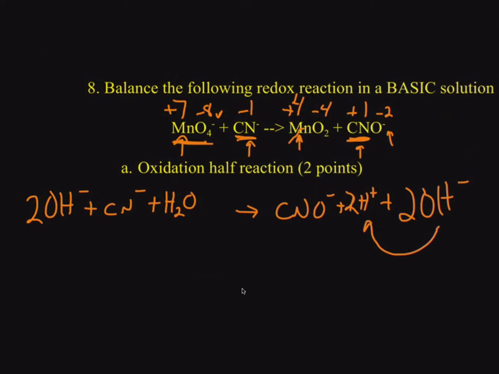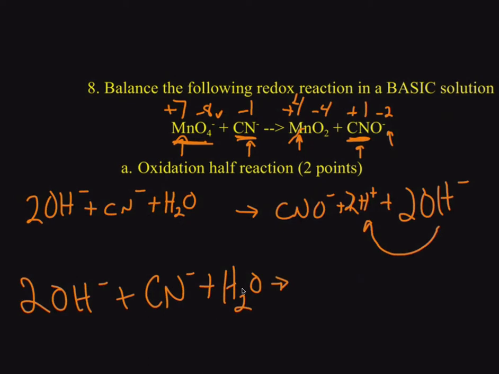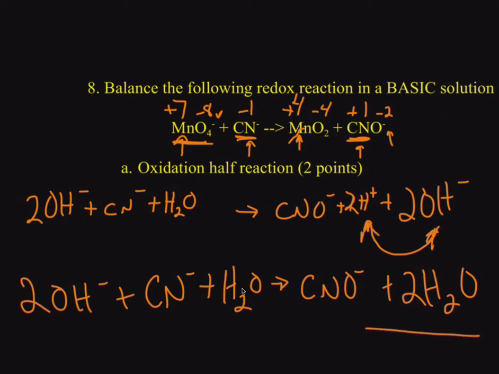So what we're going to end up with is 2 hydroxides plus the cyanide ion plus a water molecule, and on the right we're going to have the cyanide, the oxygen, and then we can form 2 water molecules from the 2 hydrogens and the 2 hydroxides. Okay, so that's the final product of the oxidation half.